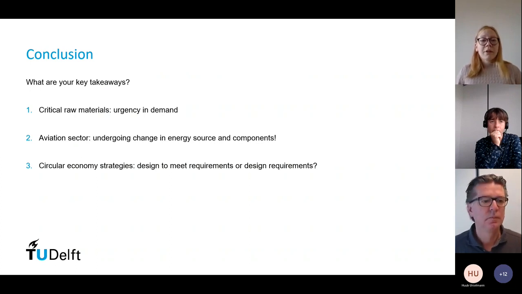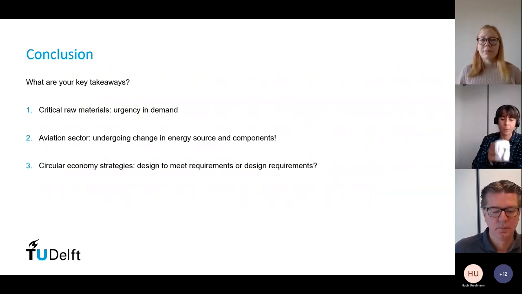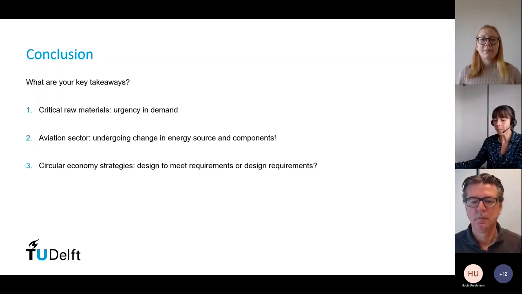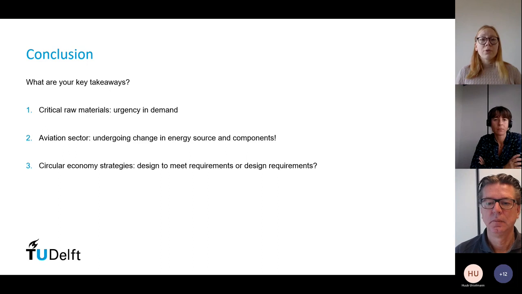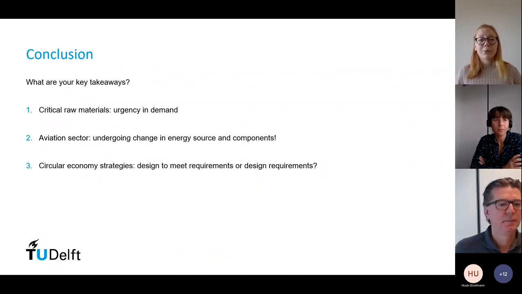And thirdly, when we're looking at the circular economy strategies, are we designing to meet the requirements of the product, or can we rethink the design requirements actually? Can we already think how we can use recycled materials in our design? How can we design for the circular strategies instead of just trying to implement them for already existing components where it might be a bit more difficult?